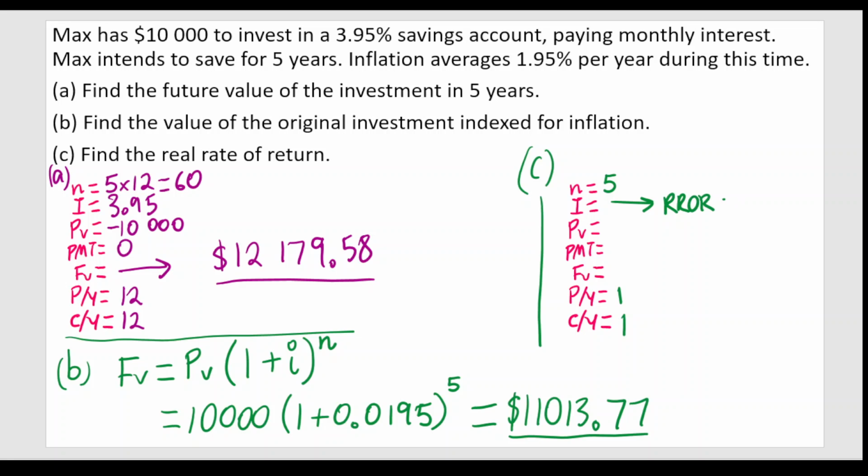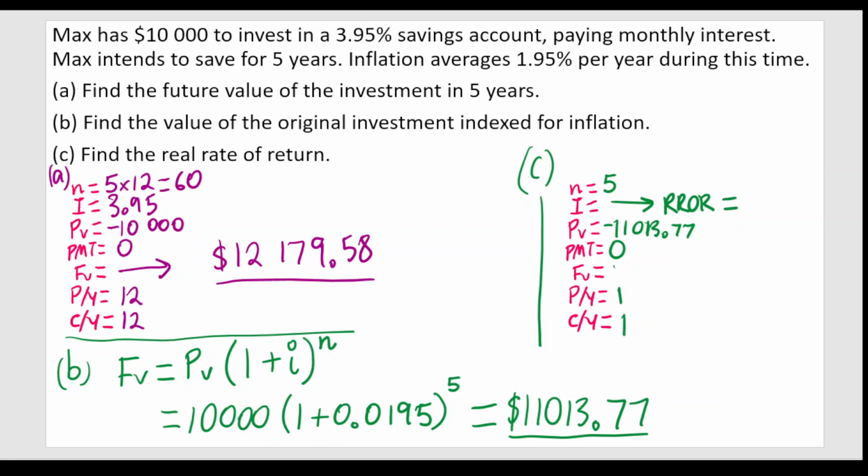You might see it written as RROR. We don't have a payment. Now we're starting with our new PV. So our new PV is the indexed amount. So negative $11,013.77. Basically what that's going to do is that's going to start us off thinking about how much that $10,000 would already be worth in the future.